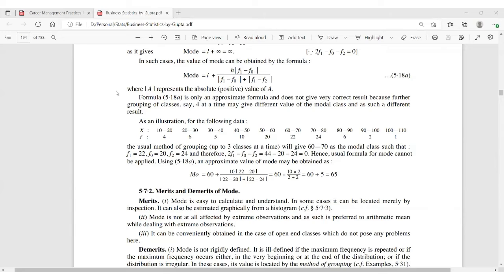You can see. I told you in the formula for the model class, the model class is the class corresponding to the maximum frequency. The corresponding class of that is the model class, right?